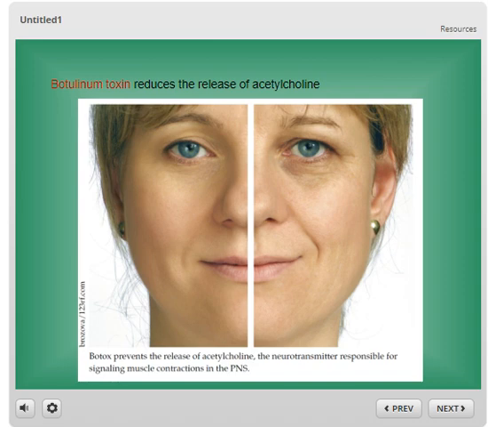Botulinum toxin effectively reduces the release of acetylcholine from presynaptic neurons, resulting in decreased neuromuscular transmission and muscle paralysis. This mechanism underlies both its therapeutic applications and its potential dangers.